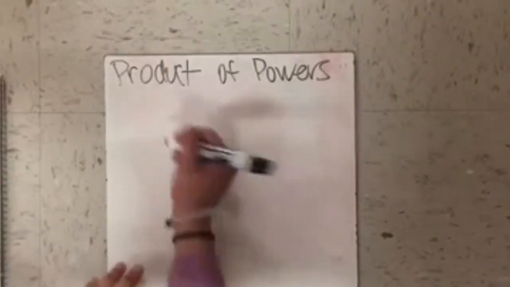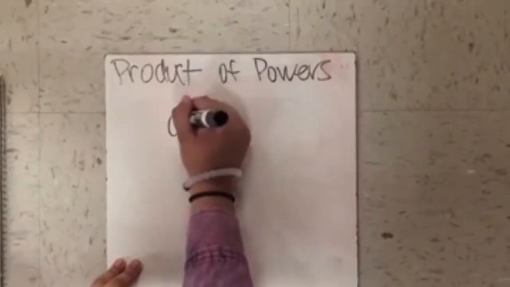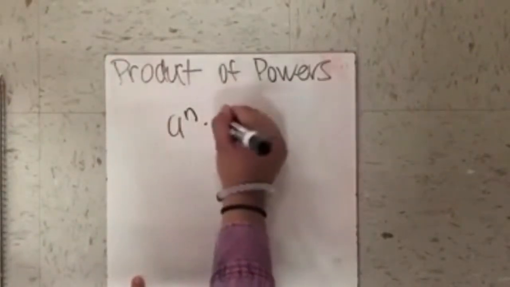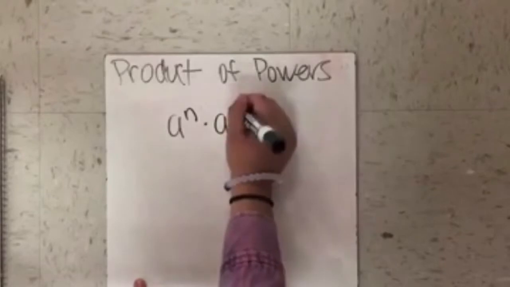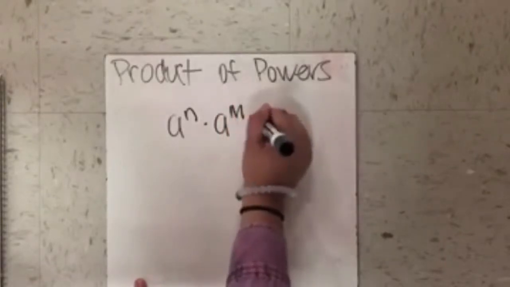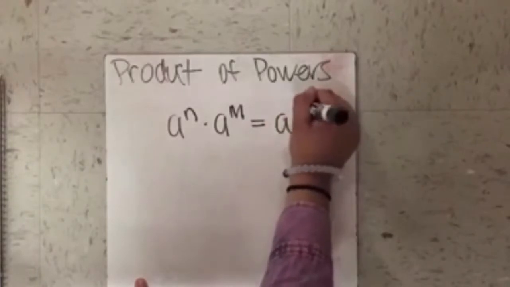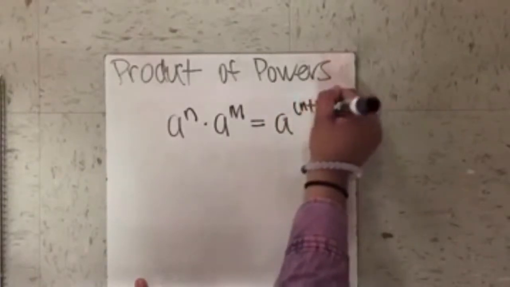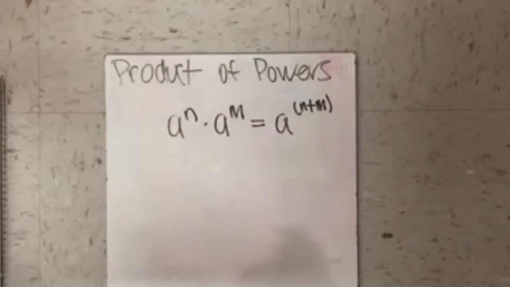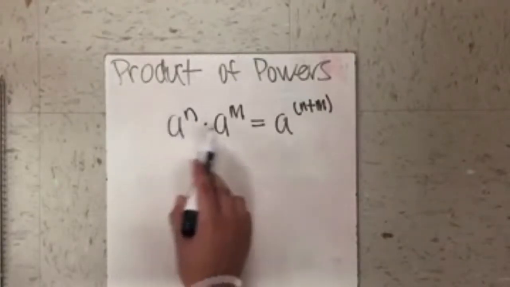For our first one, we're going to be doing products of powers. For the definition, we're going to be writing a to the n power times a to the m power, which will then equal a to the m plus n.